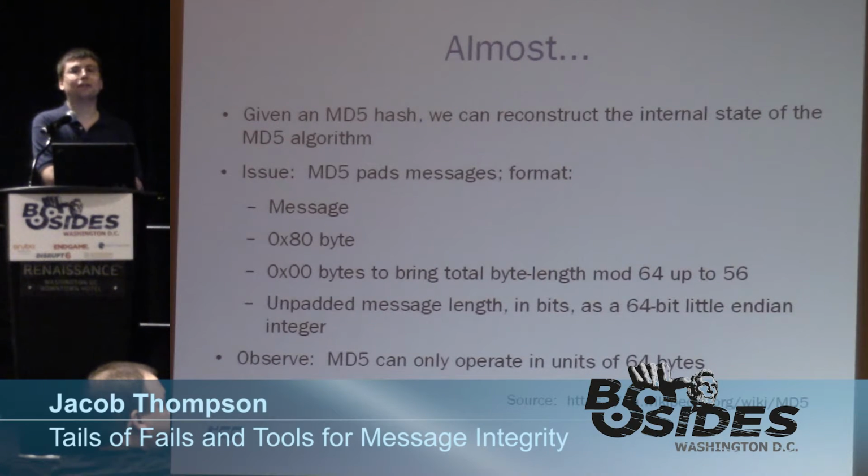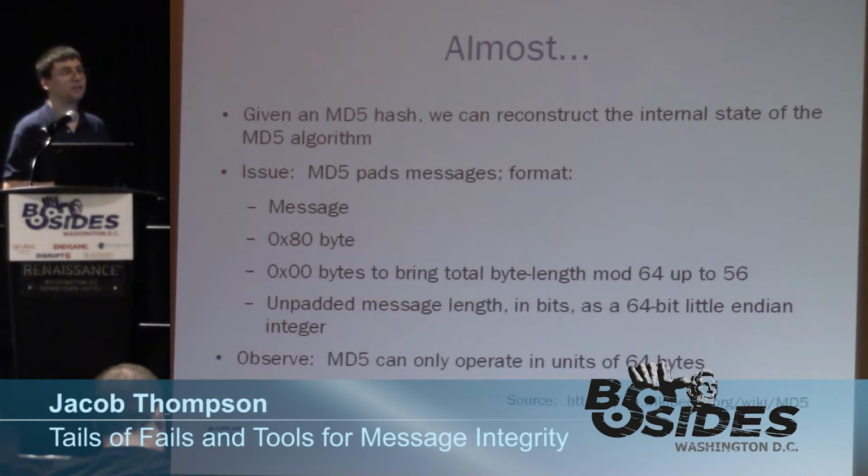So as stated, you have a hash, you can put that back in and keep going. The problem is that MD5 and SHA-1 and SHA-2 share a property where they, like a block cipher, actually have a block size. They don't just go bit by bit or character by character. Knowing the property of MD5, you have a message.